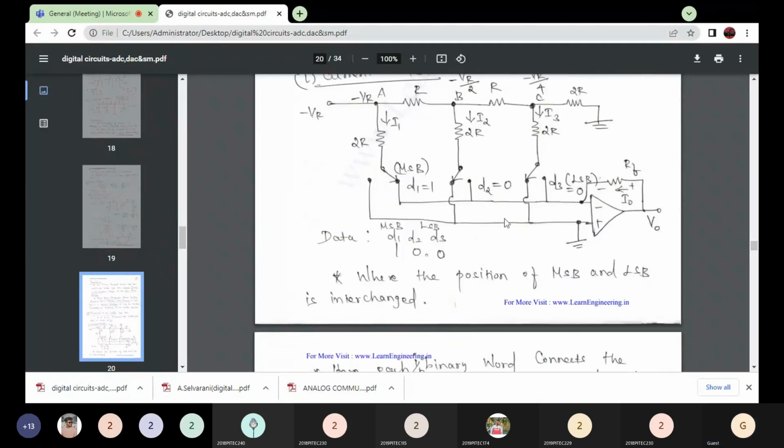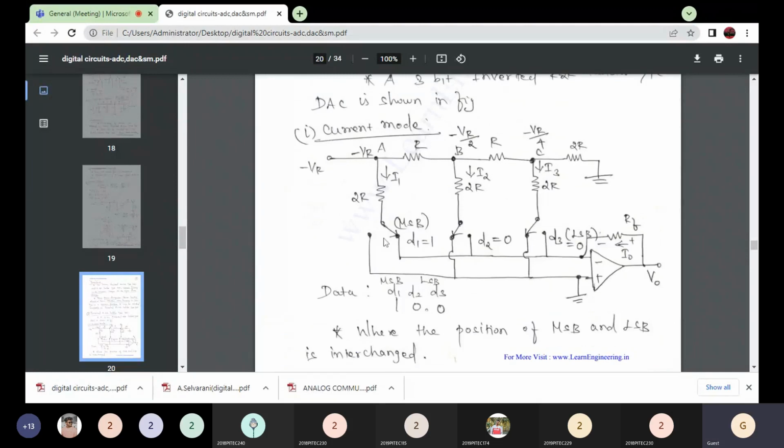All of you listen. Here the switch position is either the right position or the left position. The R-2R ladder network is connected to the inverting terminal. The non-inverting terminal should be grounded.